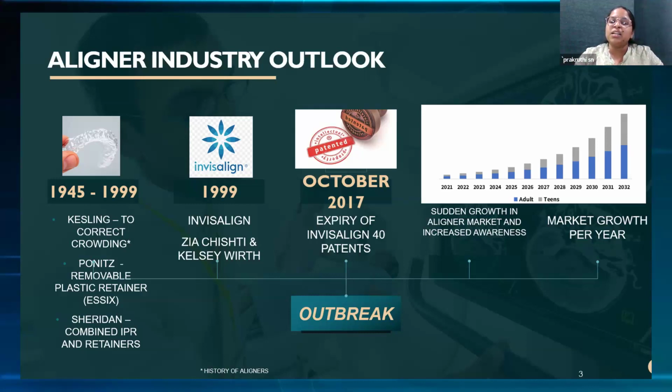That's when the aligner industry became available for the whole world, and there was a rapid spread. There was a revolution wherein in every part of the world so many new aligner companies came up, and we will also see a further increase in the demand for aligners.